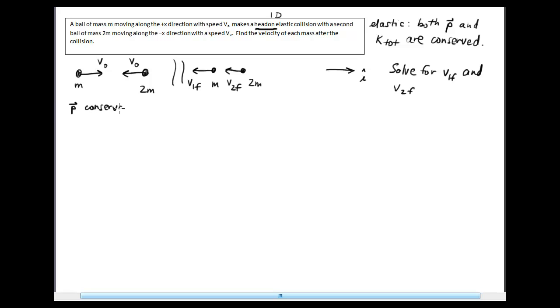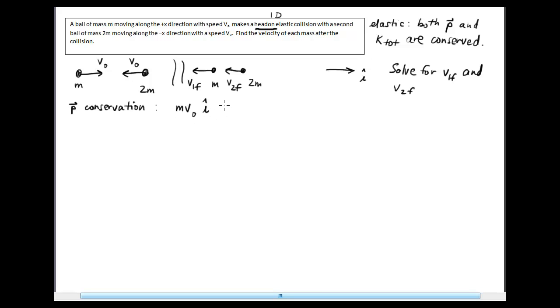I won't write it out with the summation, but I will just write down the terms that give me the total momentum before the collision and then set it equal to the total momentum after the collision. So before the collision we've got m v0 in the positive I hat direction. That's for the left hand mass.